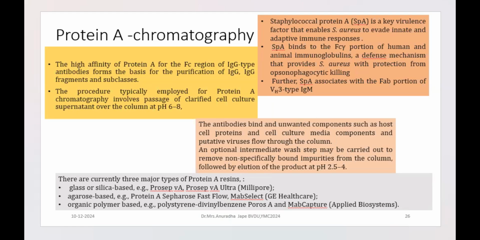So this staphylococcal protein A is going to bind to the Fcγ portion of human and animal immunoglobulins. So it is going to interfere with the immune system by binding with the Fcγ portion of the antibody. Further, it is going to interact with the Fab portion of VH3 of IgM antibodies.